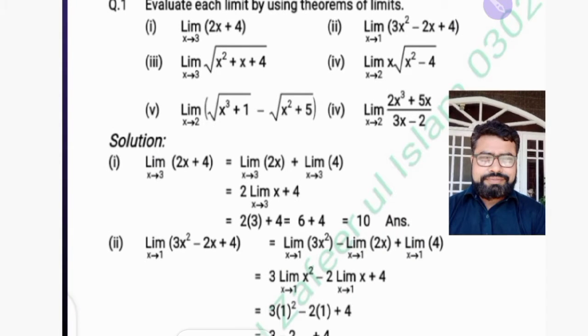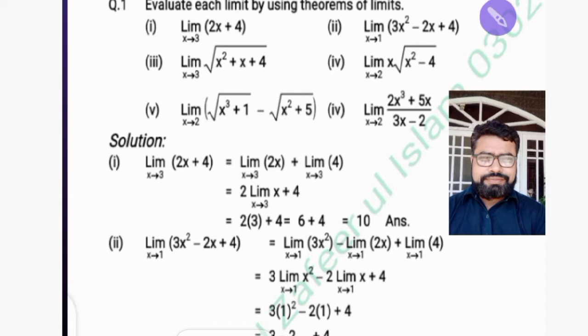Now as you see that limit x approaches to 3, 2x plus 4 is the first part. We have written limit x approaches to 3, first term is 2x, plus limit x approaches to 3, second term is 4, so we have written limit x approaches to 3 with the second term, that is 4.